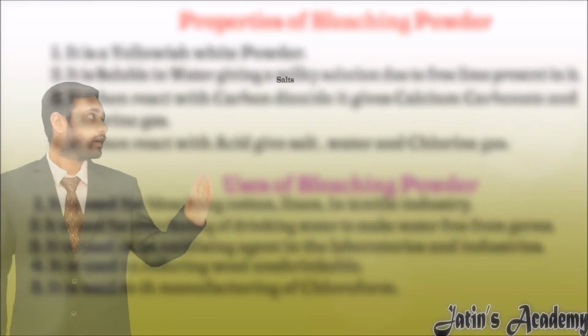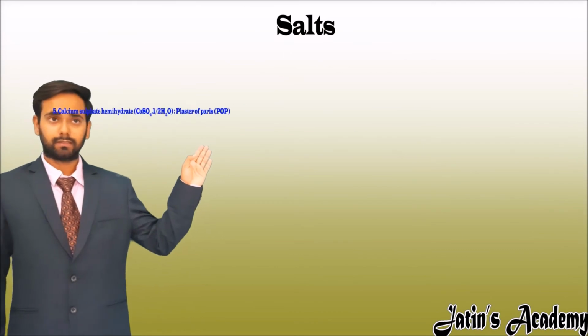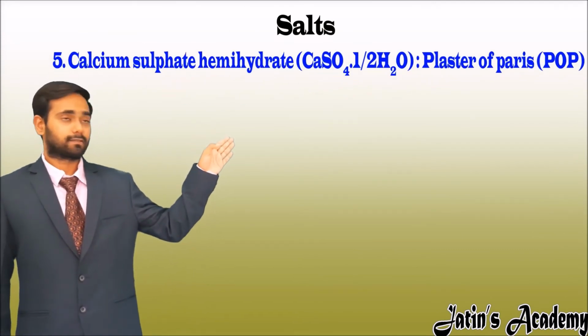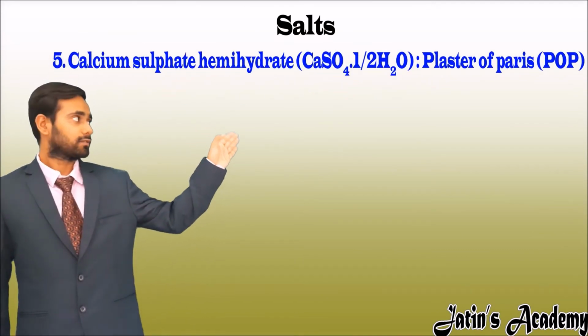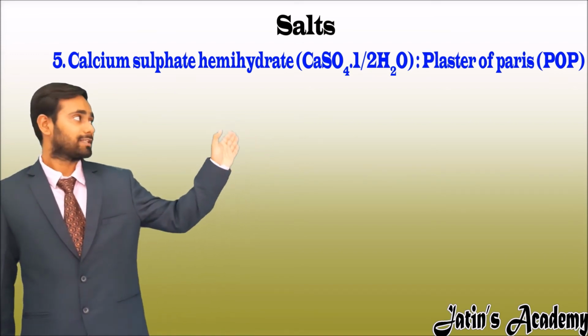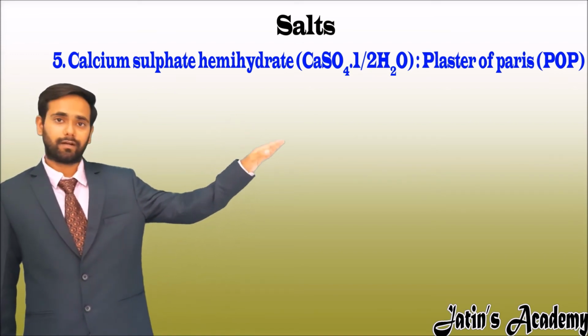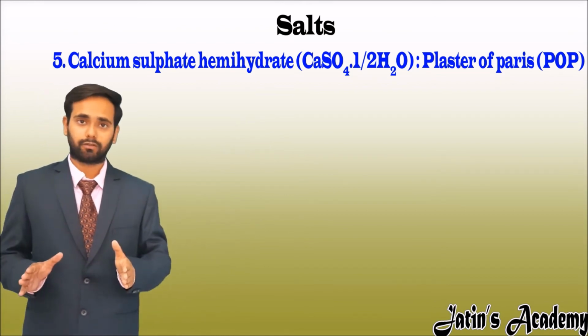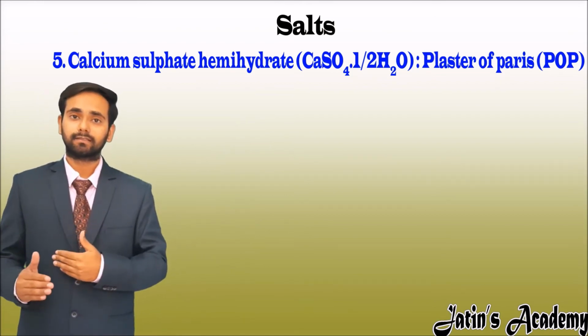Our fifth and last salt is plaster of Paris, that is CaSO4.1/2H2O, meaning calcium sulfate hemihydrate. Hemi means half a molecule of water. How do we get this salt?